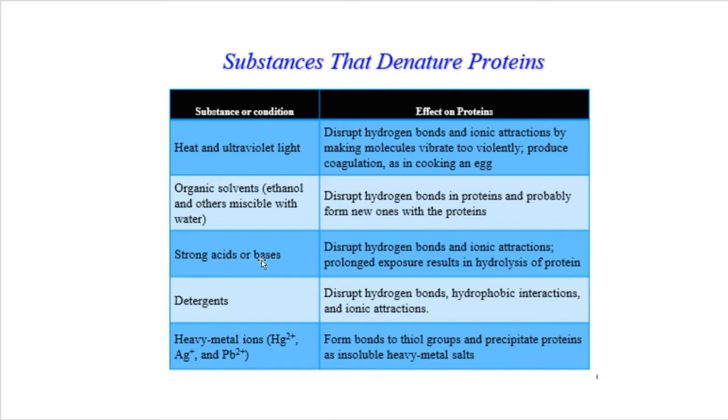Also, strong acids and bases can disrupt hydrogen bonds and the ionic interactions. Detergents and heavy metals too. Heavy metals like mercury, silver, and lead can bind thiol groups and precipitate the proteins, and insoluble heavy metal salts form.